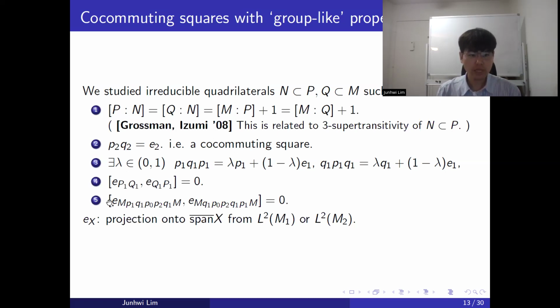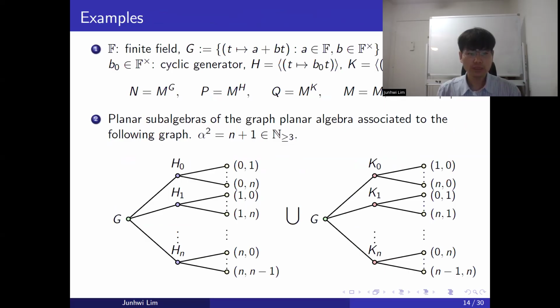These conditions may look complicated, but in fact, they are motivated by a group action example. For instance, if we take the affine group of a finite field and take the general linear group and its conjugate as a subgroup, then the fixed point algebras under these groups form a quadrilateral that satisfies all 5 conditions.